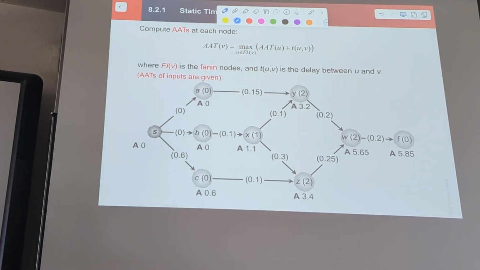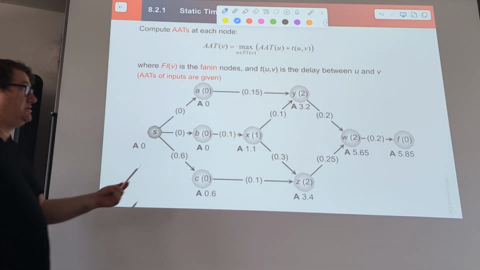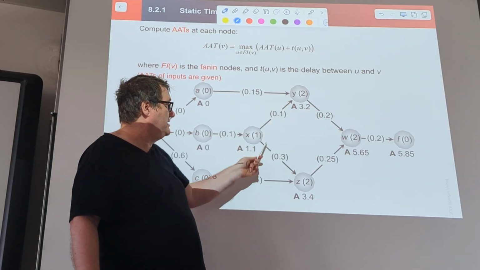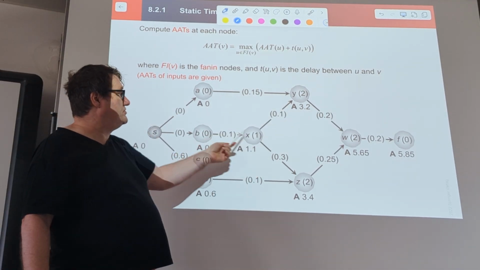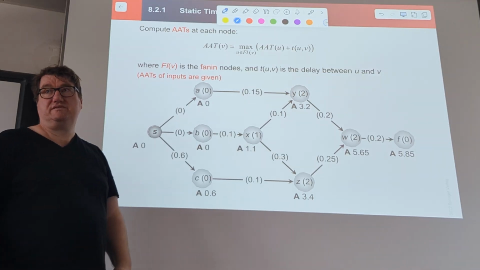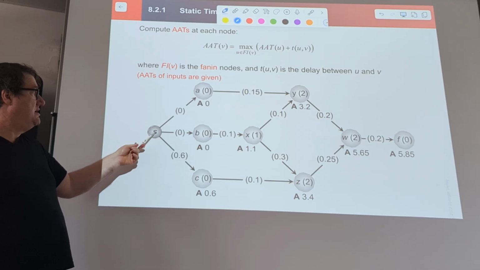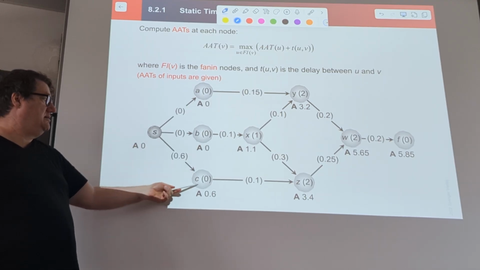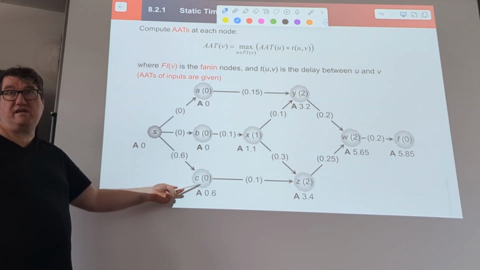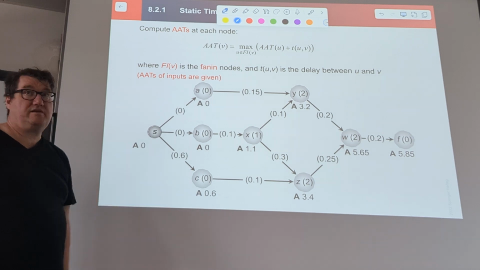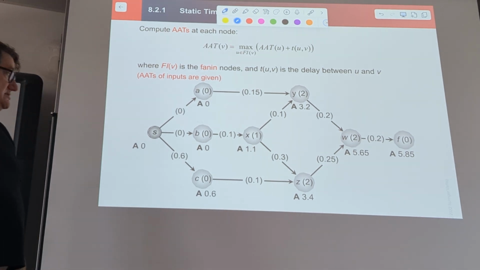And we do that for all gates. And of course, in order to have the 1.1 here, you have to start from left to right to develop this thing. So here, for the other gate, we start at 0. The input C, there it arrives at 600 picoseconds.